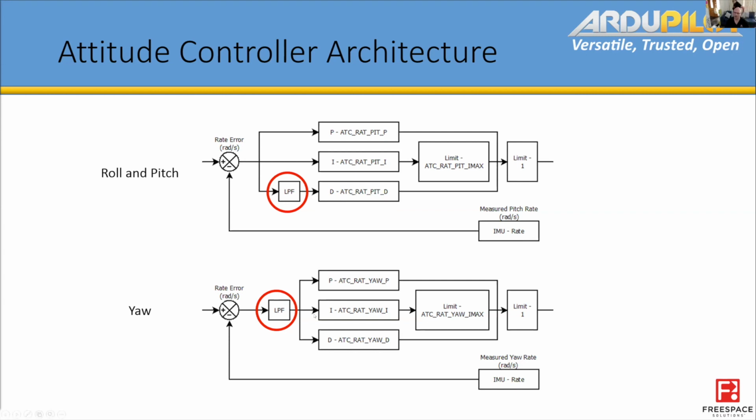And this low pass filter effectively changes the gain of our mechanical D-term, and we tune this low pass filter in exactly the same way as we tune up the D-term in roll and pitch. Literally, we just pass this variable in for the filter frequency.